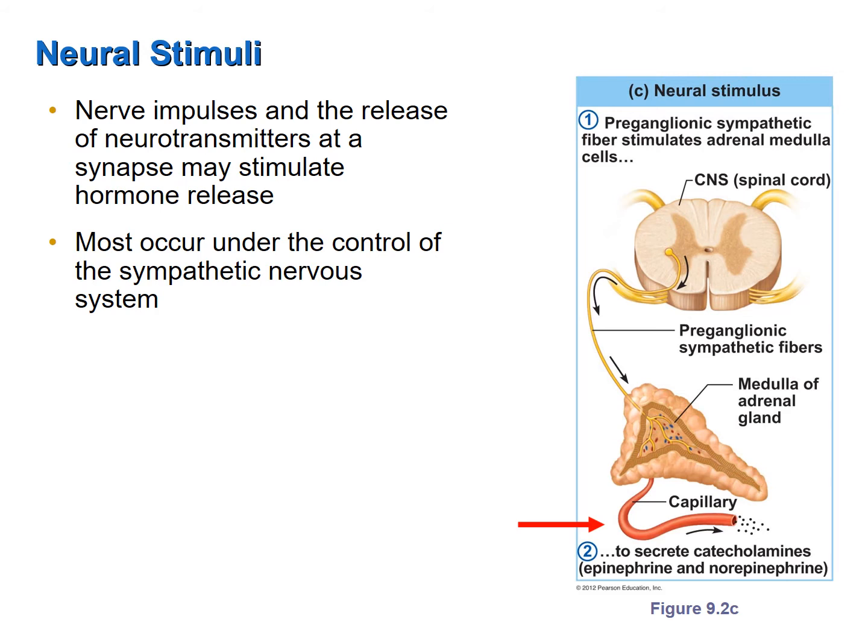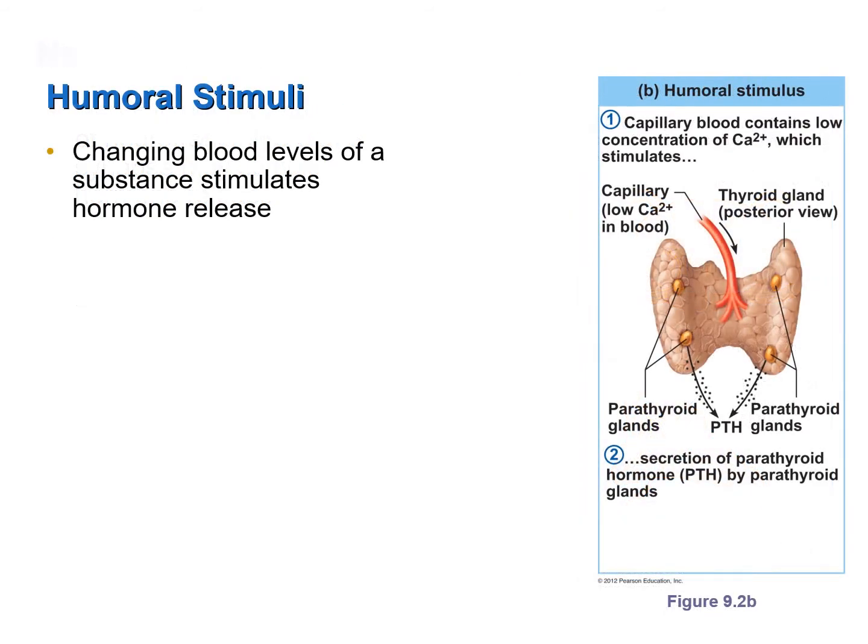Most release of hormones in response to neural stimuli is under the control of the sympathetic nervous system. Some hormones are released in response to a change in blood levels of some substance, or what we call a humoral stimulus. An example is the release of parathyroid hormone.